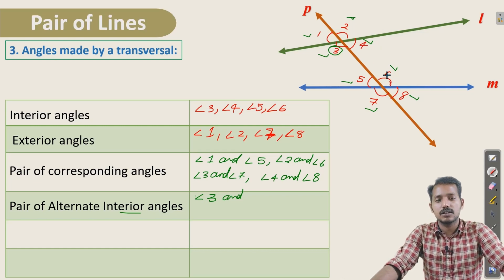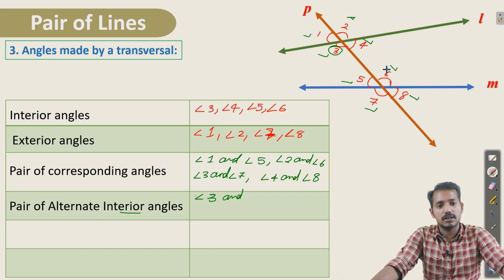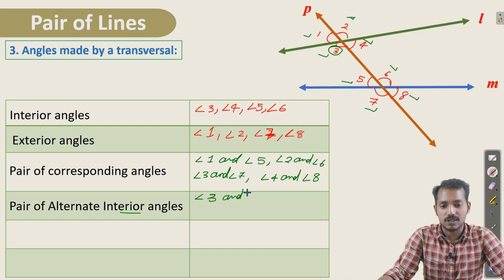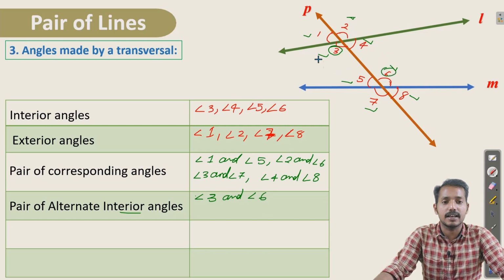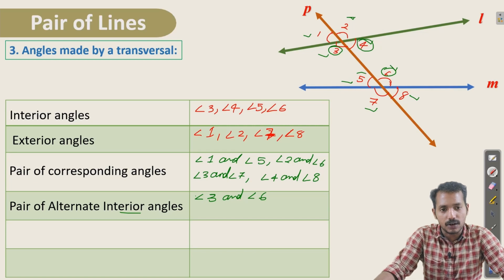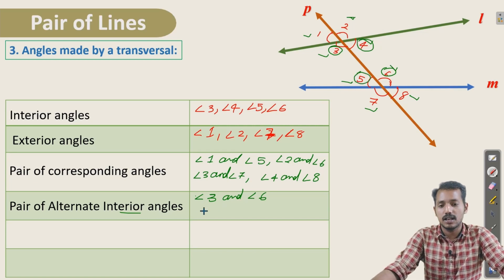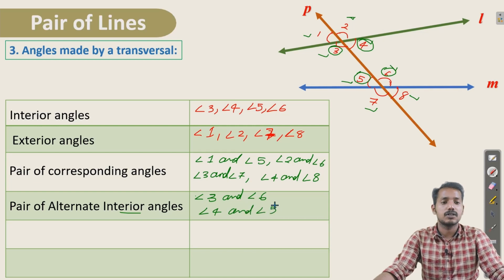There are two interior angles formed on the right side, that is 4 and 6, but 4 is formed by the same line which formed angle 3. So we have to take the angle formed by the line M, that is angle 6. The pair is angle 3 and angle 6. Similarly, the next pair will be angle 4 and angle 5, satisfying this condition.